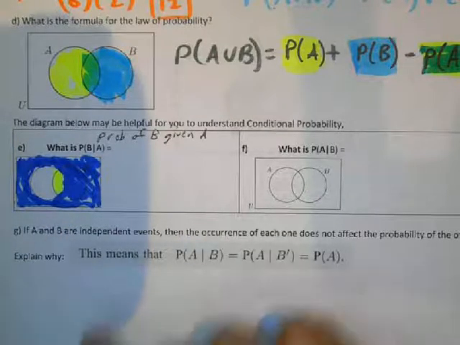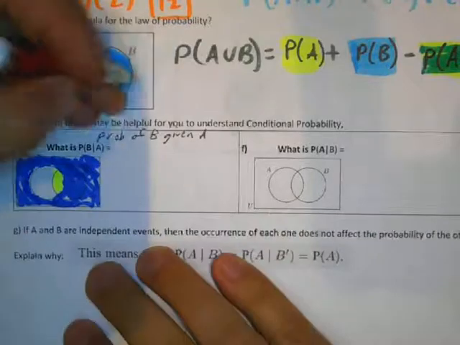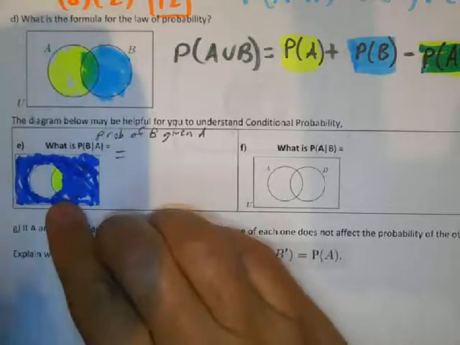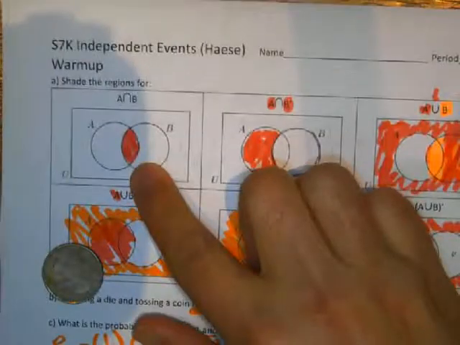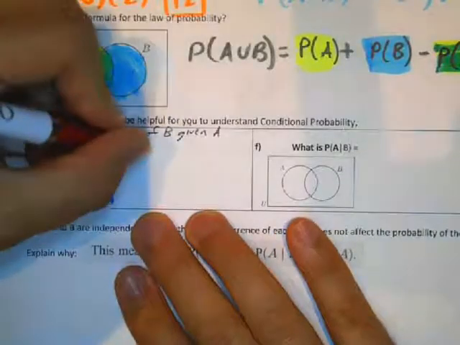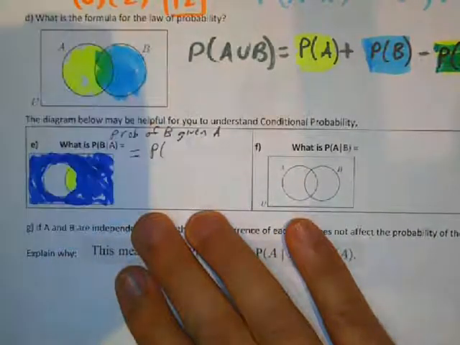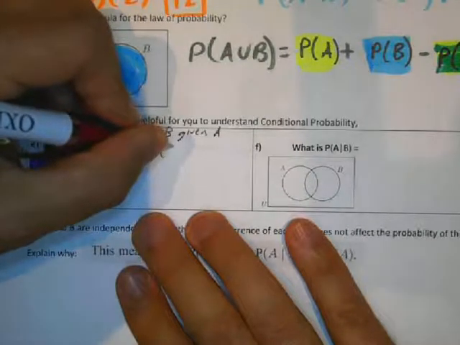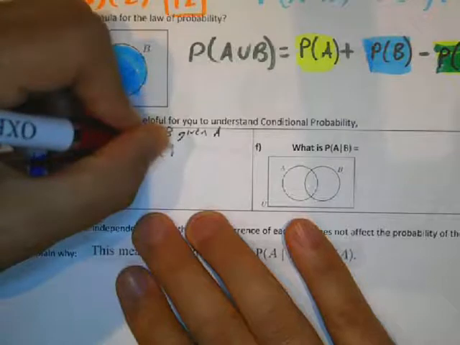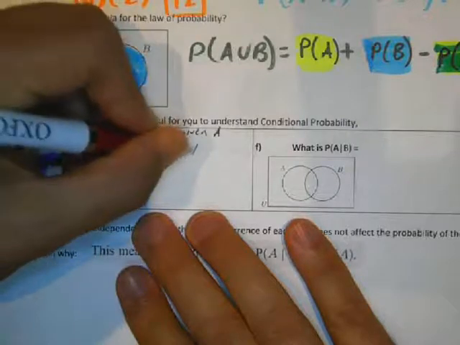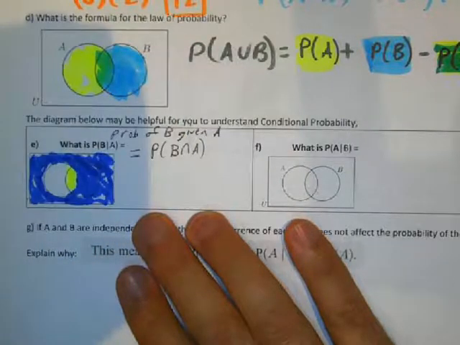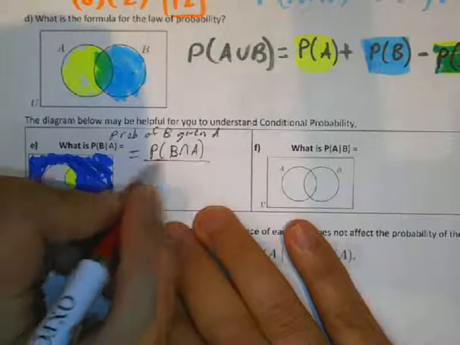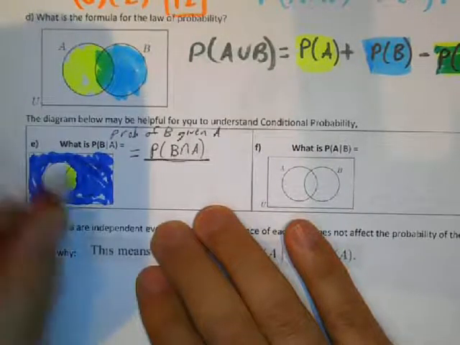So how this works is this yellow region, as we said before, is the intersection, right? So, and I'm going to have the probability of B intersection A divided by what is the probability of this white region?